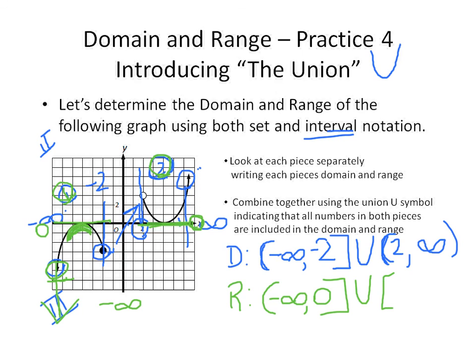Again, it is a bracket because that 0 is included in the function. It is a solid curve that is touching that 0. And it's going to go all the way up. Oop, I see another arrow. I know that that means that my y is going to infinity. So I'm going to go 0 to infinity. And I have to use a parenthesis to do that. And that would be my domain and range for this union.